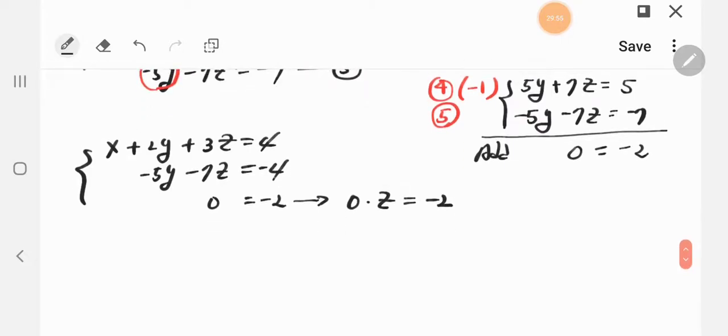Can you find the z value so that 0 times something is negative 2? This is false, right? Even this equation is false. Since this is false, what's the conclusion? There is no solution.